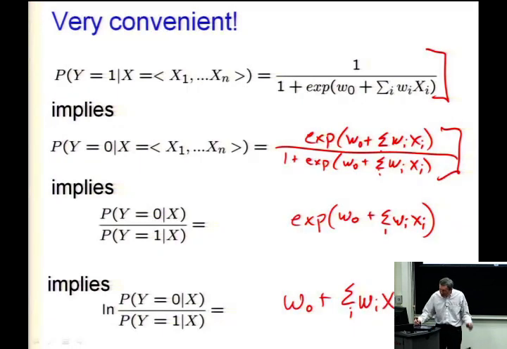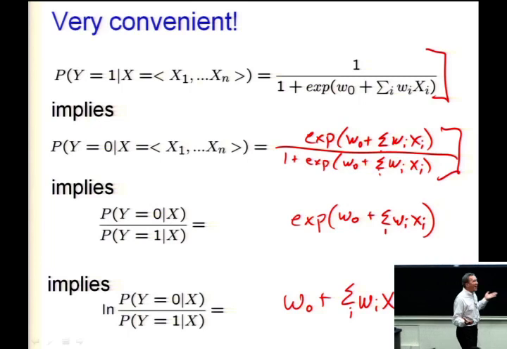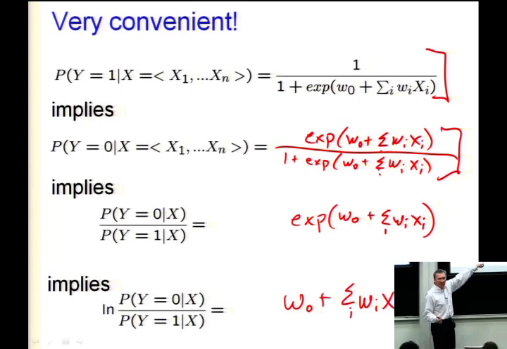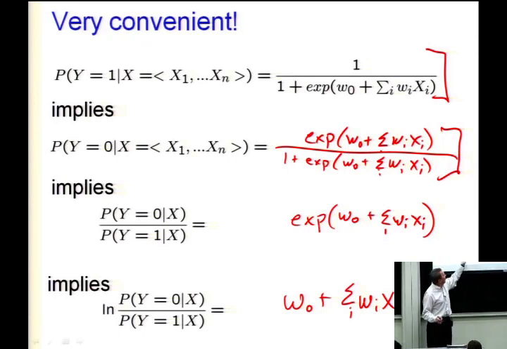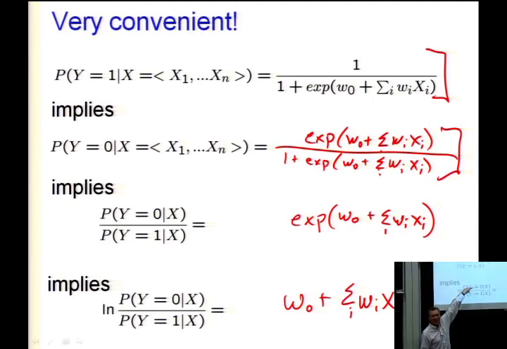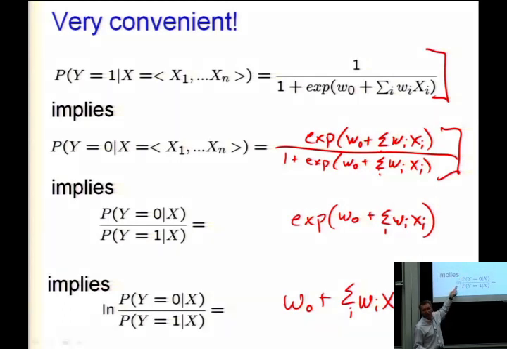Now you see just how beautiful this is. Because remember last time in class we were talking about one way to do the decision rule: given any x, we want to know whether to label it y equals 0 or y equals 1, we agreed we could look at this ratio and just see if that ratio is greater than 1. Or equivalently, whether its log was greater than or equal to 0.